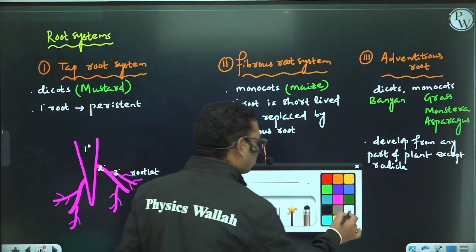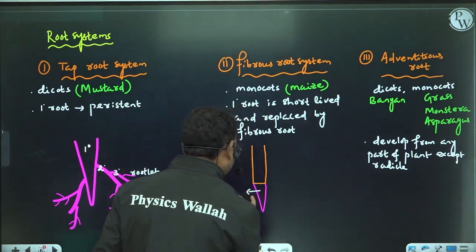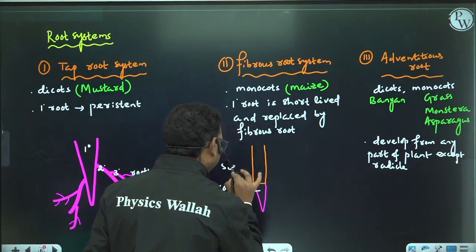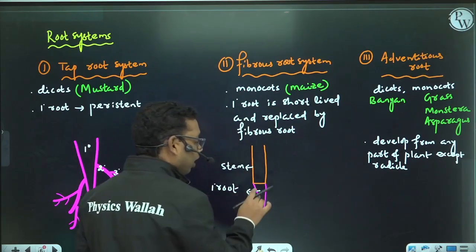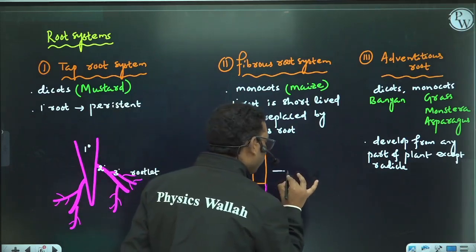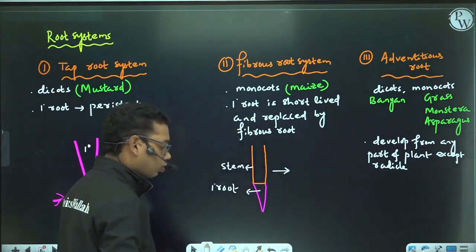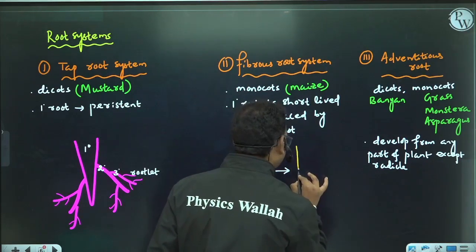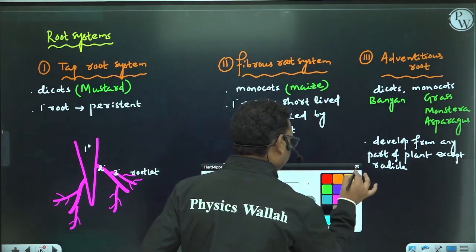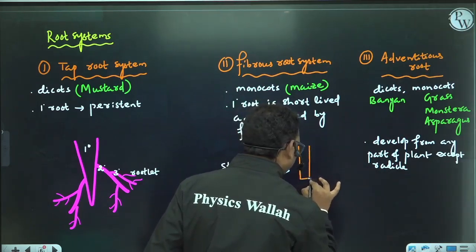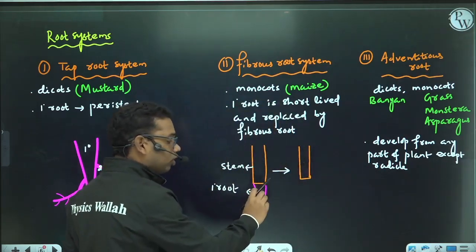Let me write, this is the primary root, and this one is the stem. Because the primary root is short-lived, it will be replaced by some other structures. Let me draw that here. This one is the stem, and now there is no primary root.